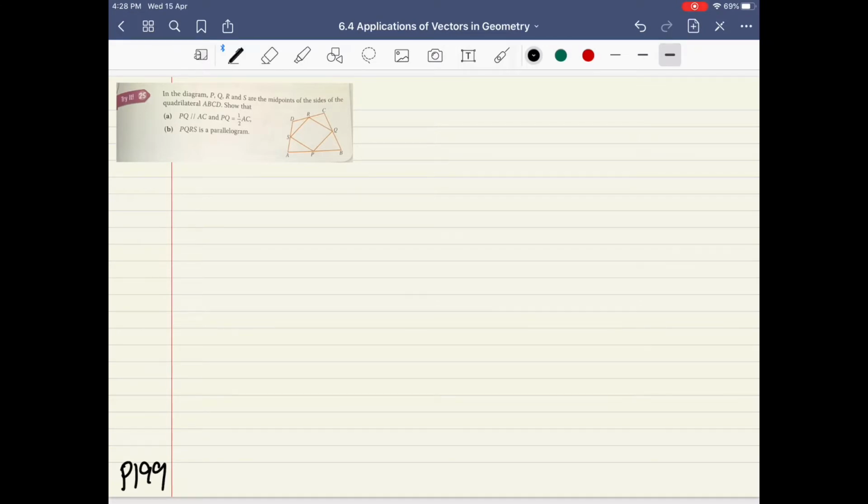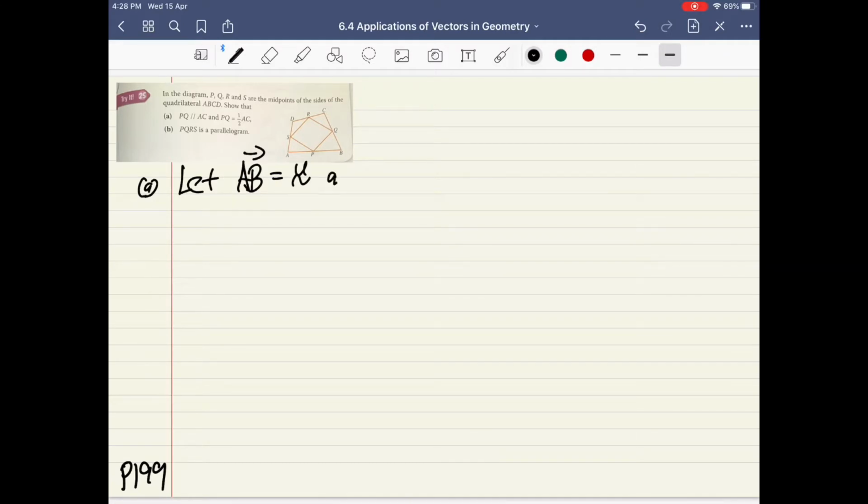Now we look at page 199, Try It 25. They would like us to show that PQ is parallel to AC and that PQ is half of AC.